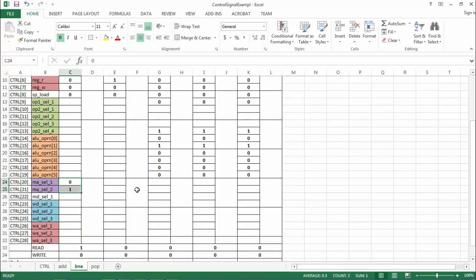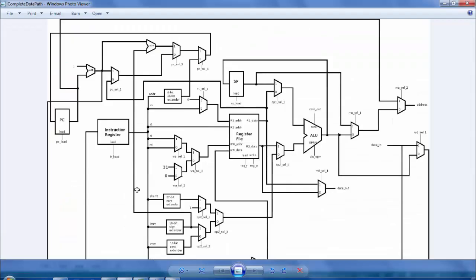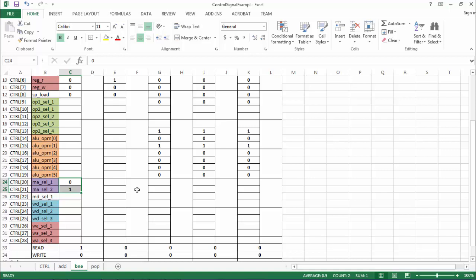Memory data selection is not important right here because we're not doing a store word operation where it is important, or a push operation where it is important. So this is not important at all at any point of time. And how about the write data and write?